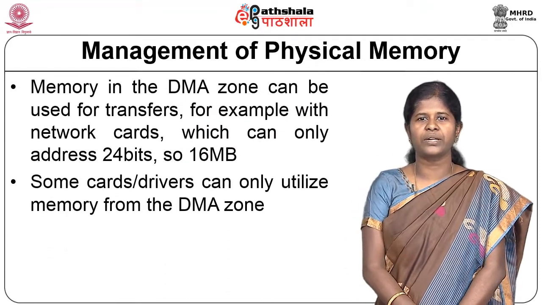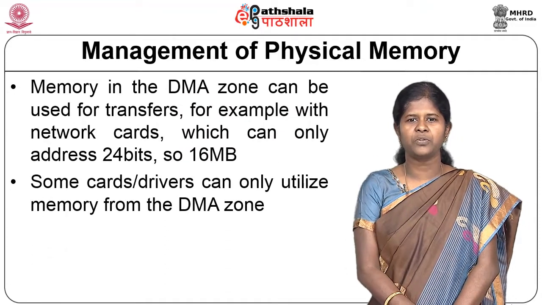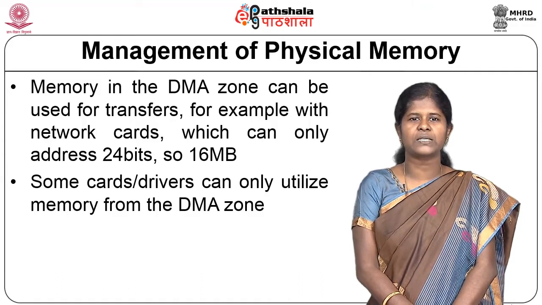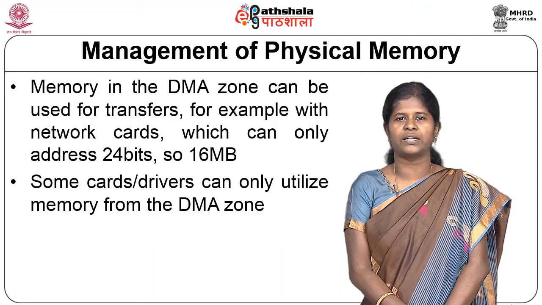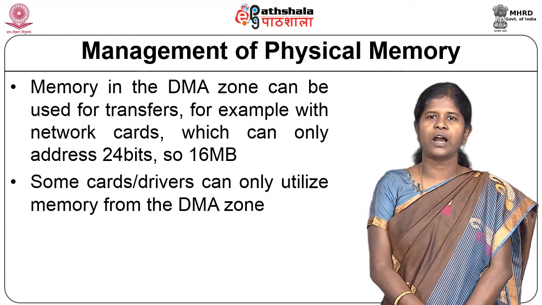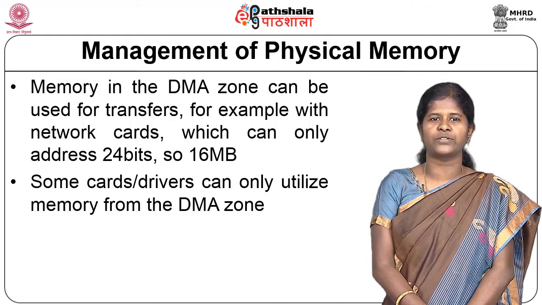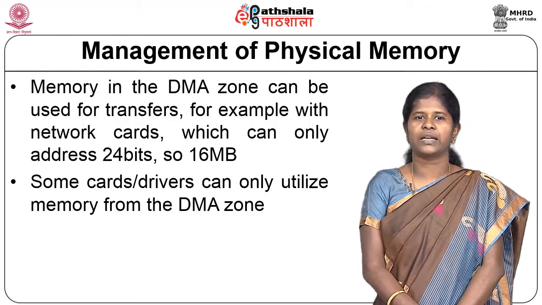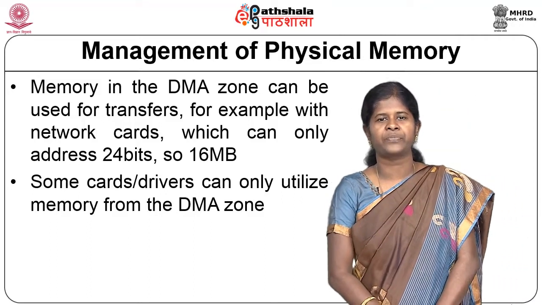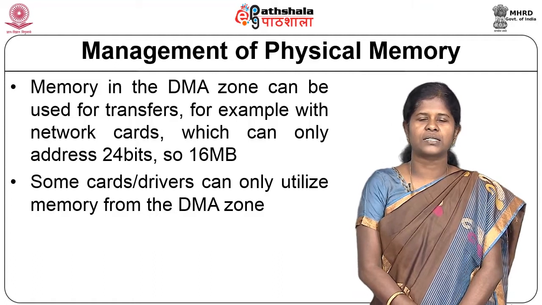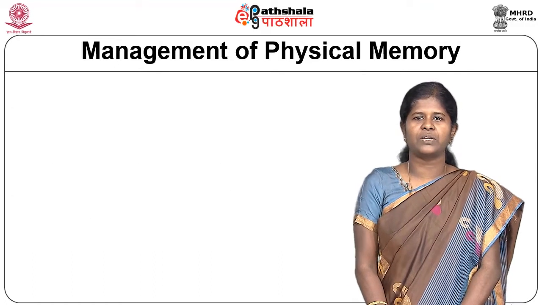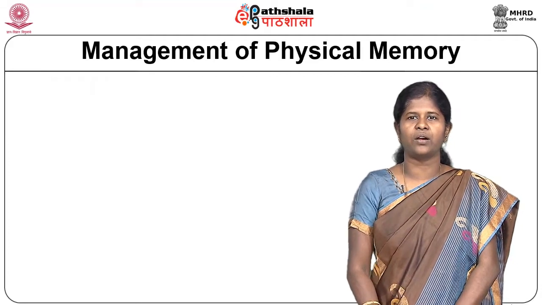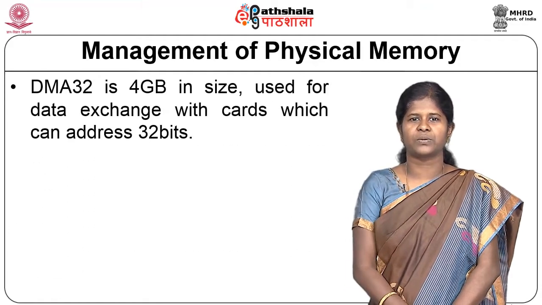Memory in the zone DMA has generally been used by some specific devices. Say for example, they can be used for transfers with the network cards. The network cards can use only 24-bit addresses, and hence they can address only 16 MB, and those cards will use the DMA zone. Some cards or drivers can access or utilize only the DMA zone.